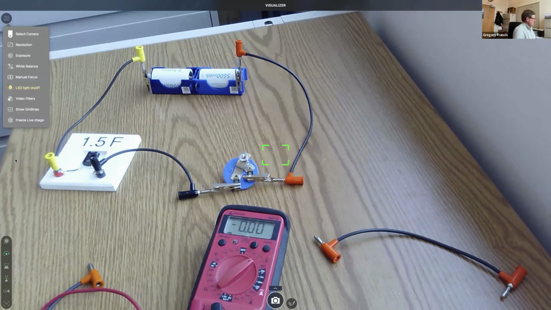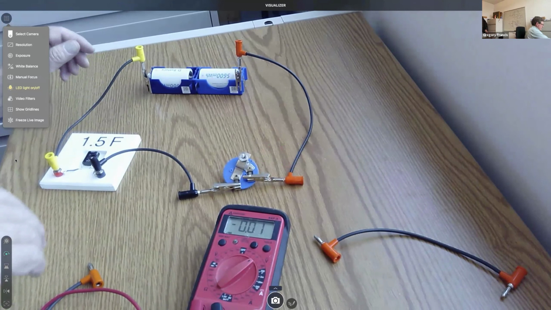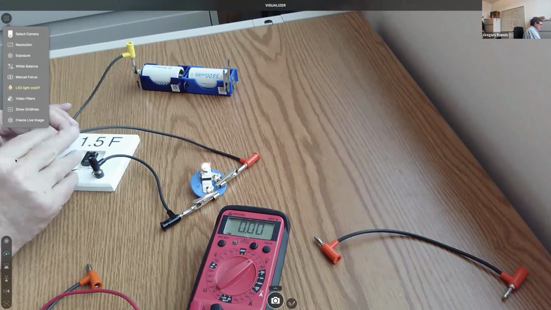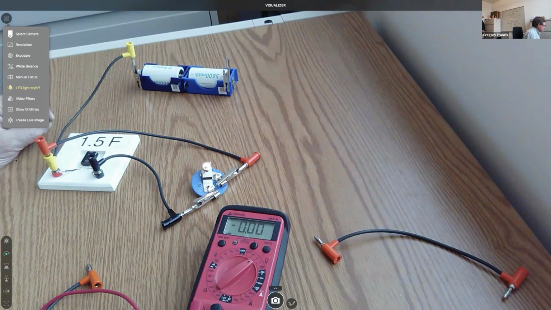Okay, and so first of all, we have to discharge this capacitor. While we're doing that, I will set up another bulb.